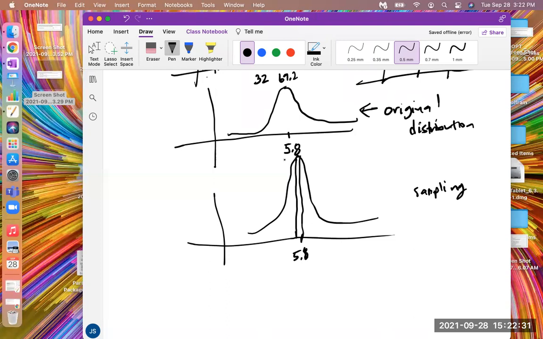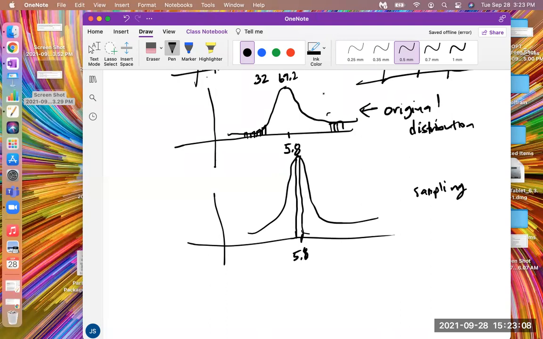But what's going to happen is that in the tails, the really short men and the really tall guys, you're not going to get that as often as a mean of 186 people. The mean of the sampling distribution down here is going to be the same as the original distribution, 5'8", but the spread is going to be a lot smaller.